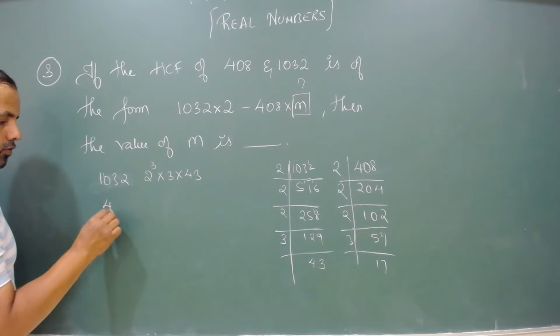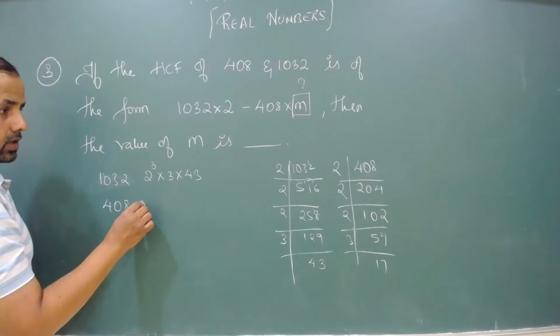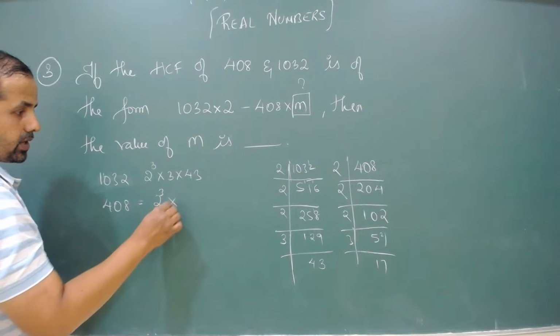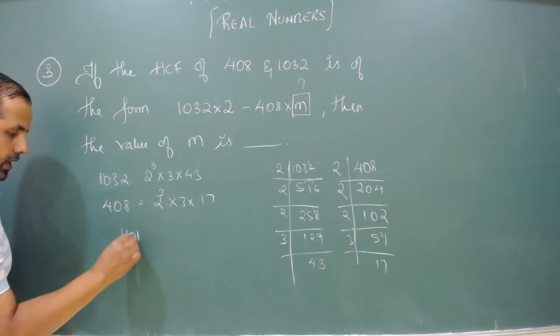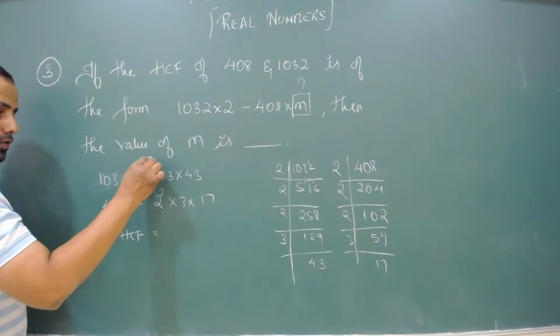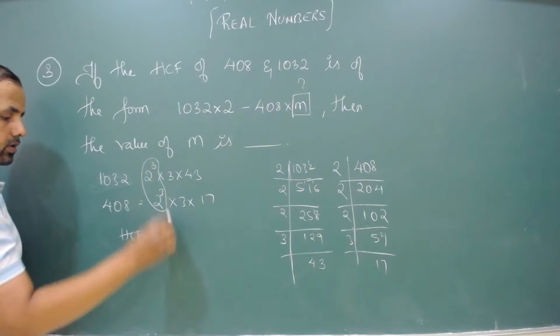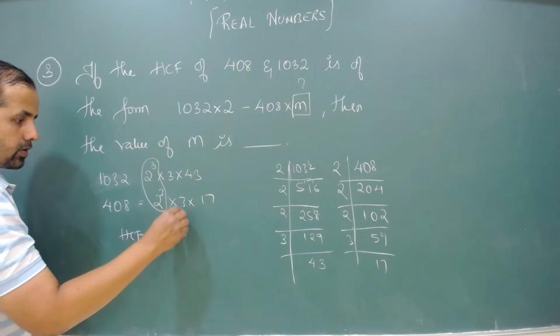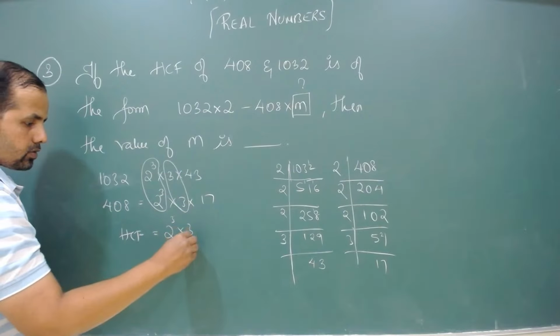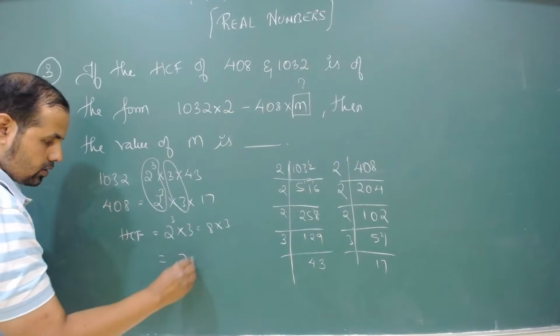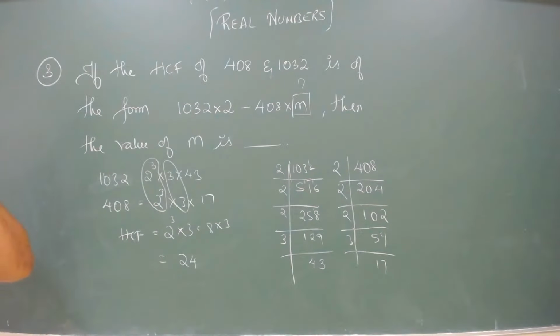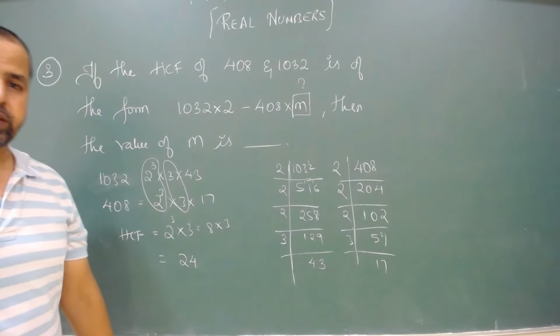For 408, the prime factors are 2 cube into 3 into 17. Therefore, the HCF would be 2 cube followed by 3, that is 8 into 3, 24. HCF is 24.